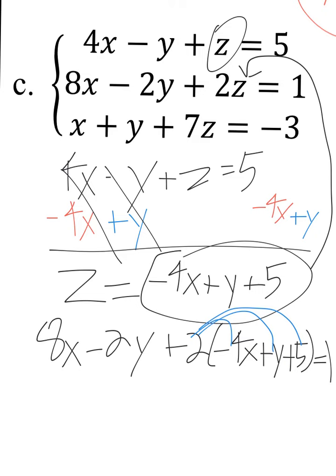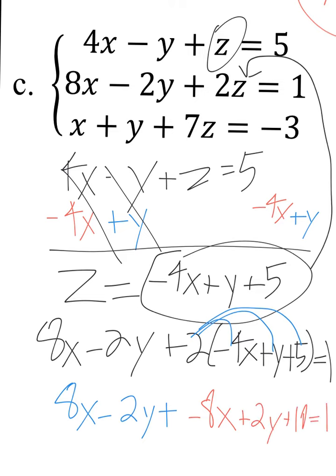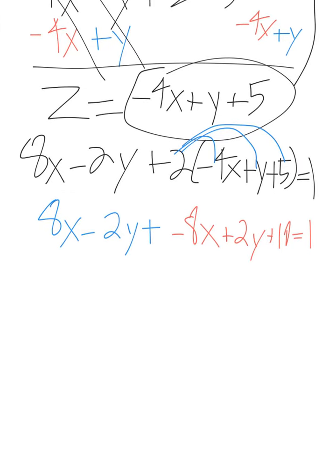And then I have 8x minus 2y plus, and then you have 2 times negative 4x, so that's going to be negative 8x. 2 times y is 2y. 2 times 5 is 10. Equals 1. So let's combine our like terms.